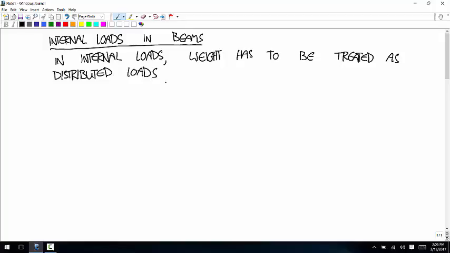So weight has to be treated as a distributed load. But when you do distributed loads, to do the calculation, you have to represent them as a point force.